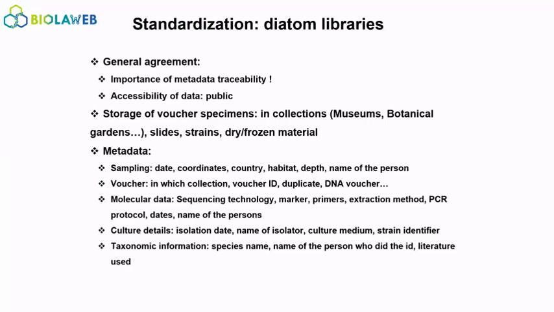But it's good also to know the name of the person who did the identification and the literature he used, what kind of book he used to give this taxonomic name. It can help also to see if we can have some differences between us. And also it's important to add photos.